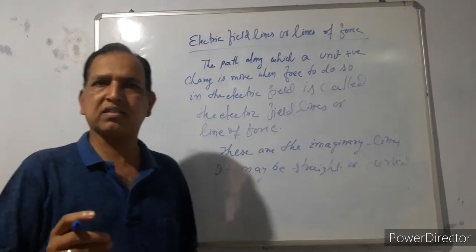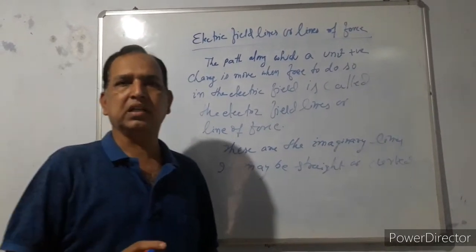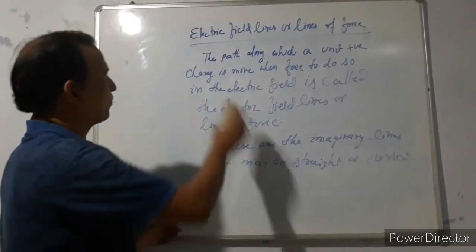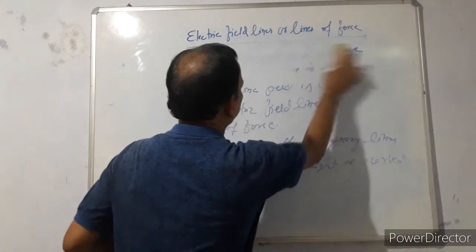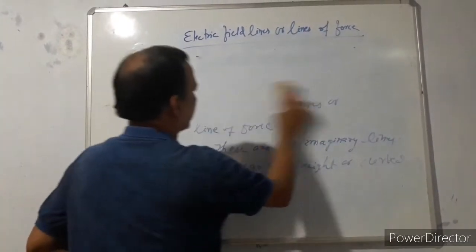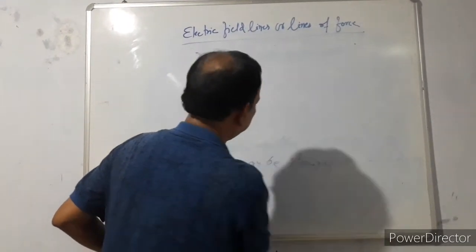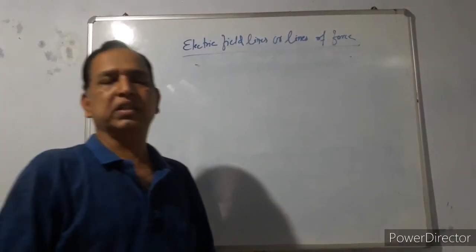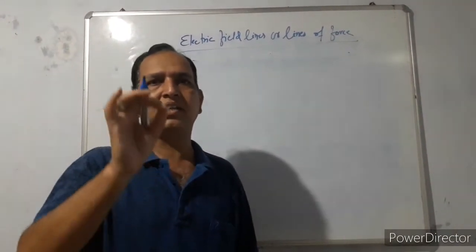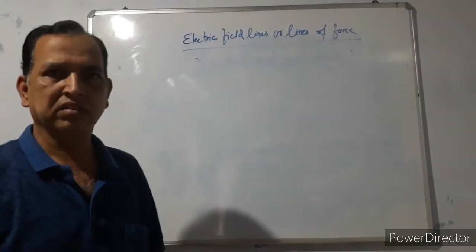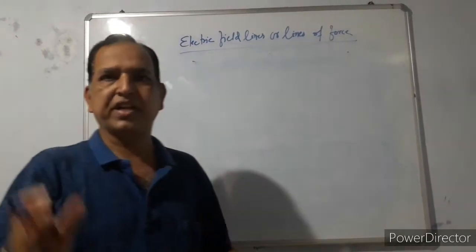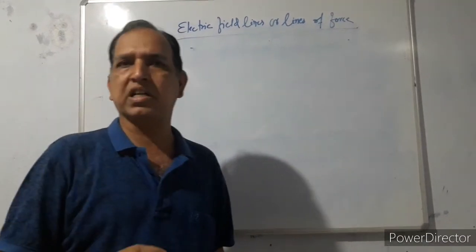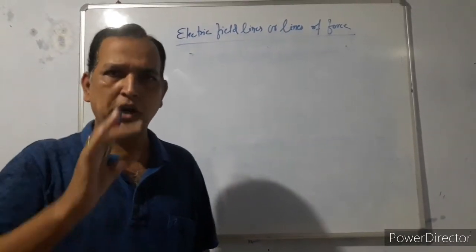So in which case are the lines of force straight, and in which case are they curved? In case of an isolated charge, these are straight. In case of a combination of two charges, these are curved.